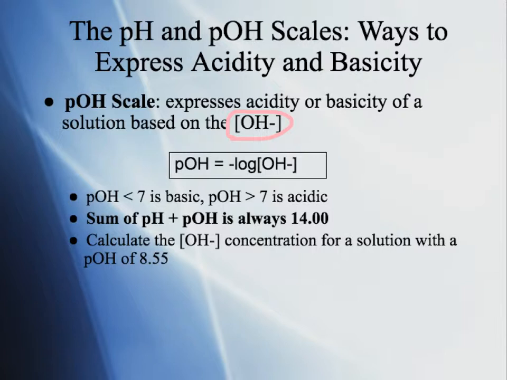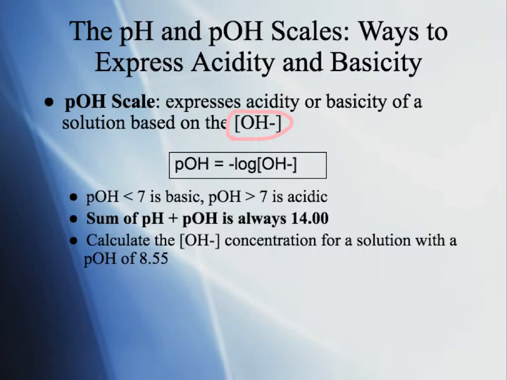All right, so now on our pOH scale, this is where it gets a little confusing. Because on our pH scale, anything below 7 was acidic, because it had really high concentrations of hydrogen ions.